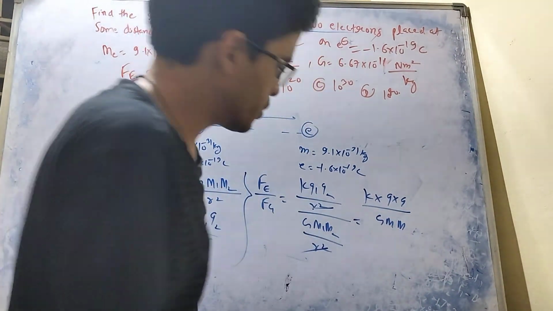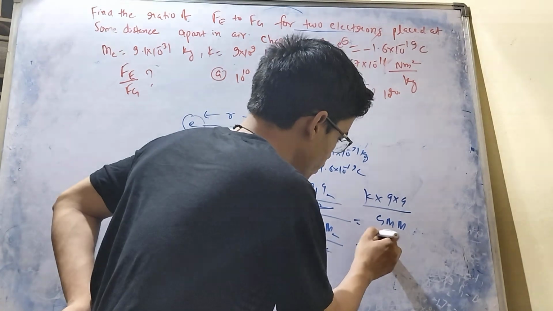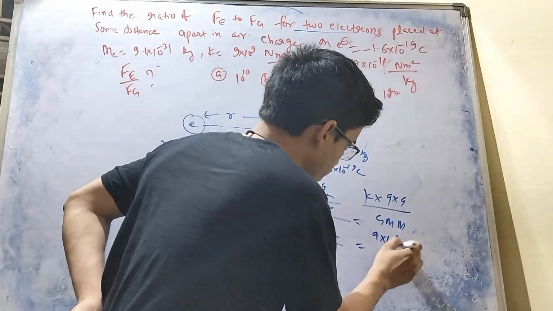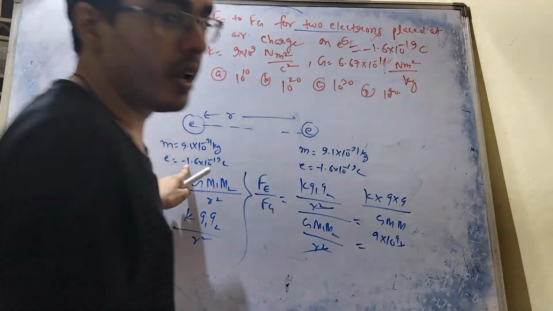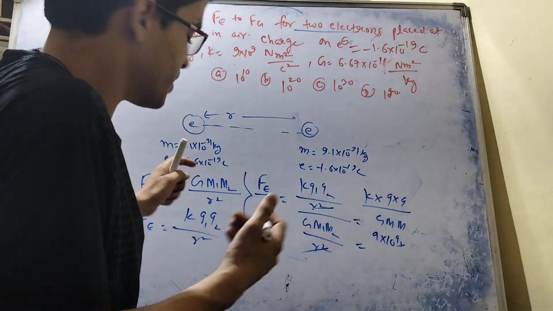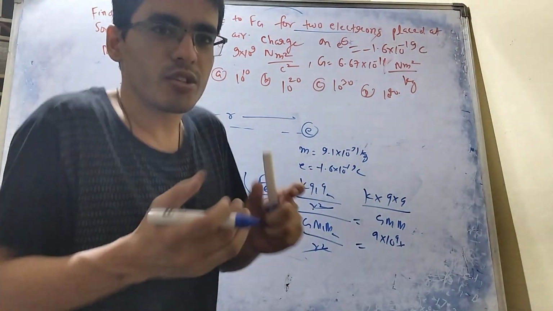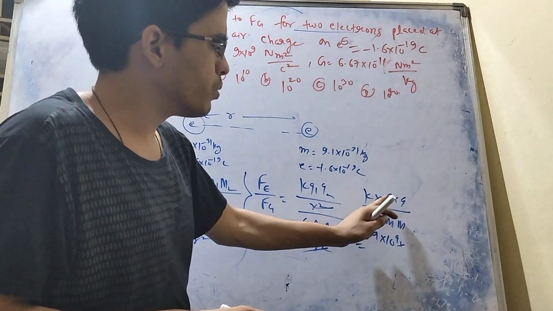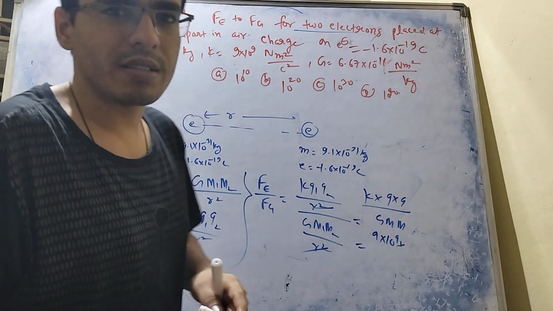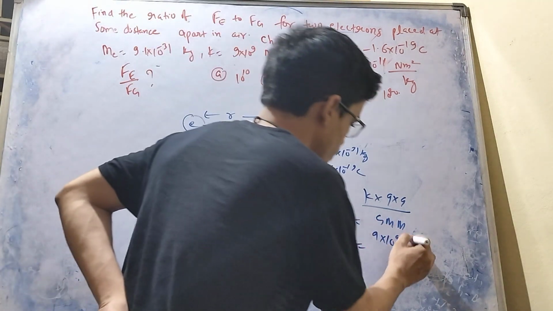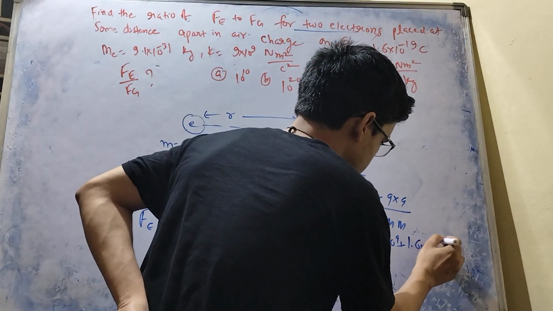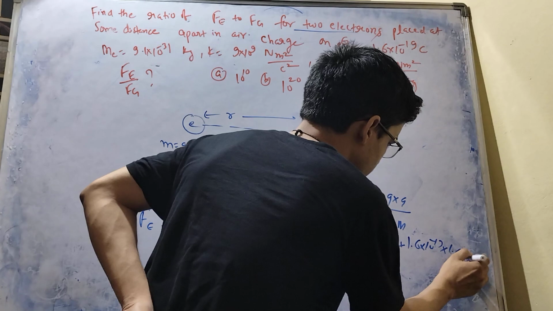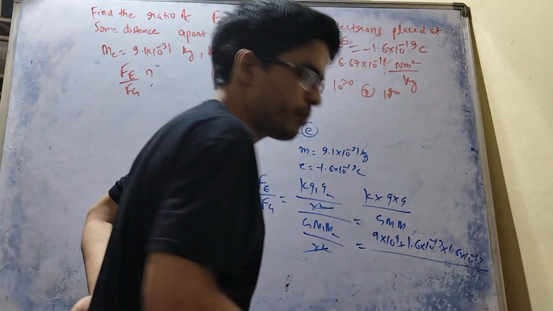Understood? Simply, what is K value? 9 into 10 power 9. What is q value? Now you can ask, sir, why are we not using the q value as minus 1? Because I just want the modulus, right? So put q value as 1.6 into 10 power minus 19 coulomb, times 1.6 into 10 power minus 19 coulomb, upon G value.